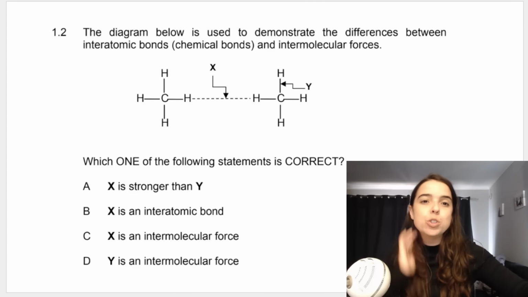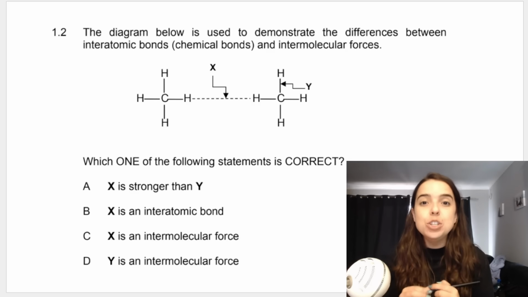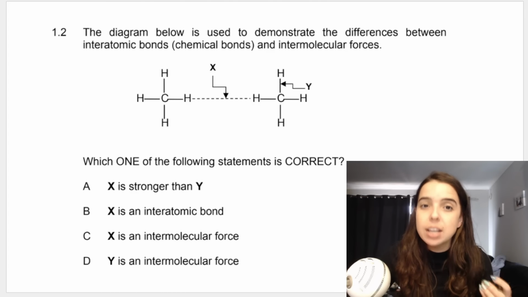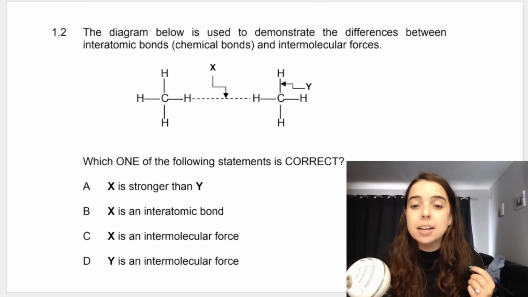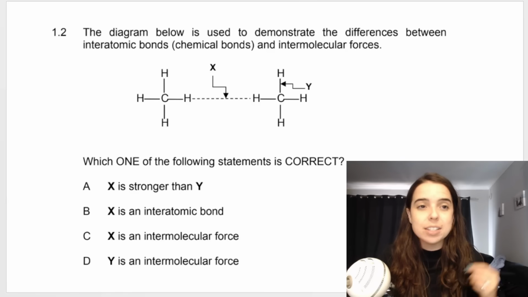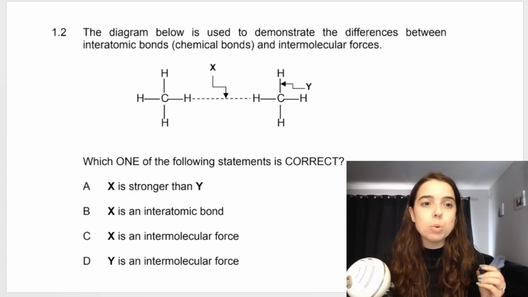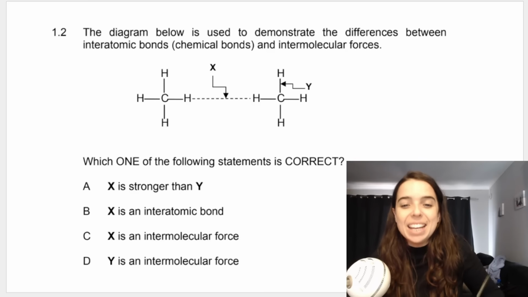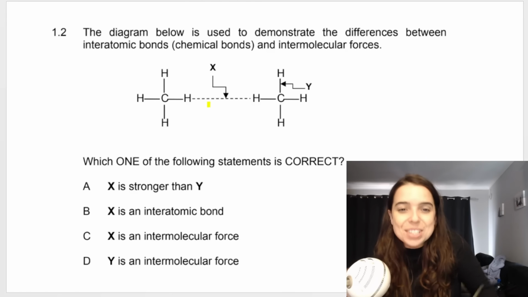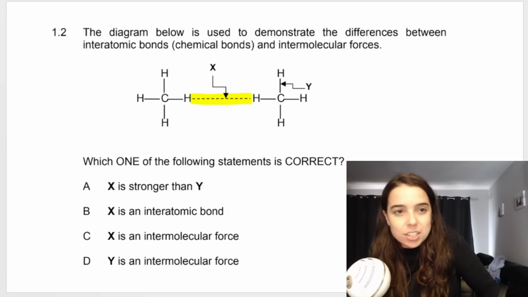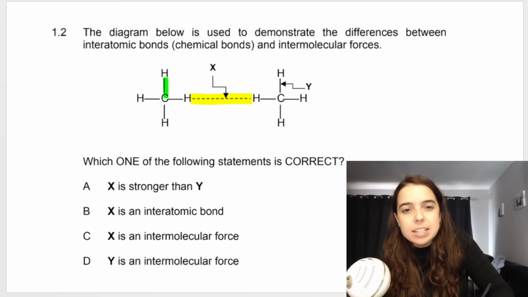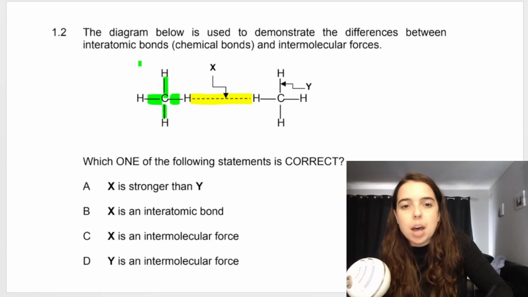So it says 1.2. The diagram below is used to demonstrate the differences between interatomic bonds, chemical bonds, and intermolecular forces. Right. So a very, very important difference that we need to make here is to distinguish between the dotted line, which represents one type of force, and the solid line, which represents another type of force.